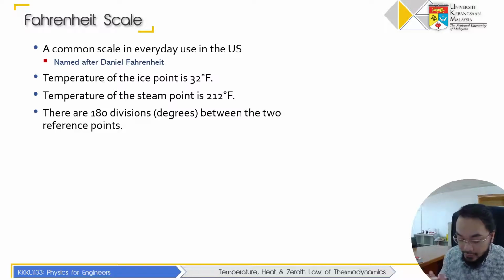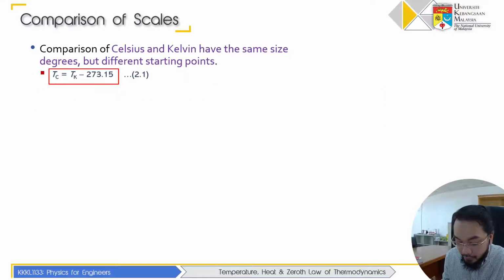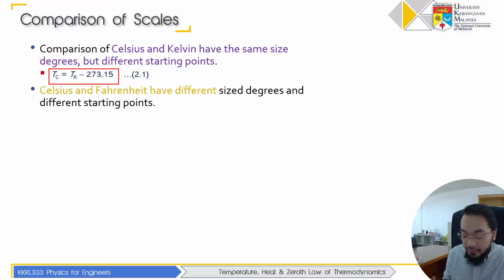This is a common scale in everyday use in the USA, where the temperature of the ice point is recorded as 32 degrees Fahrenheit and the temperature of the steam point as 212 Fahrenheit. There are 180 divisions or degrees between the two reference points.